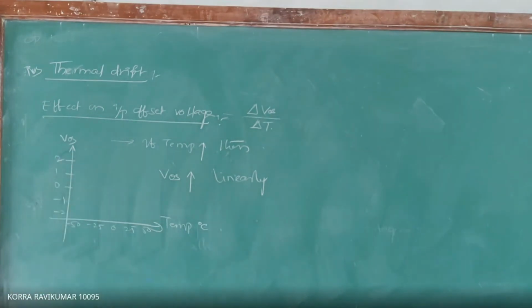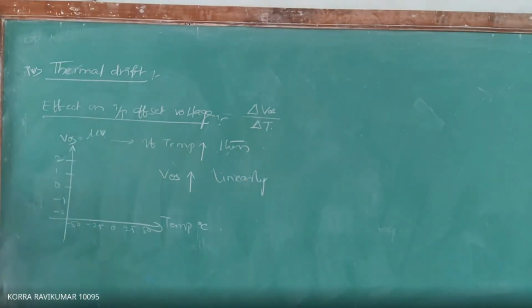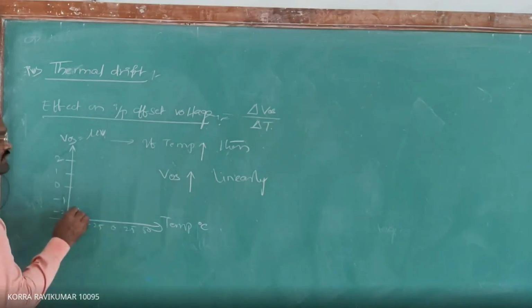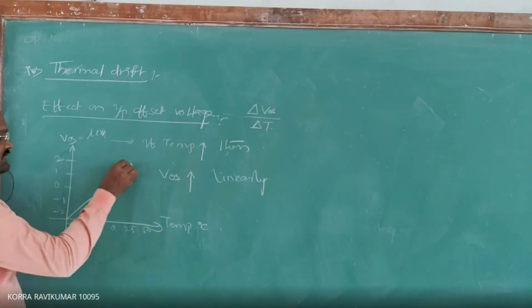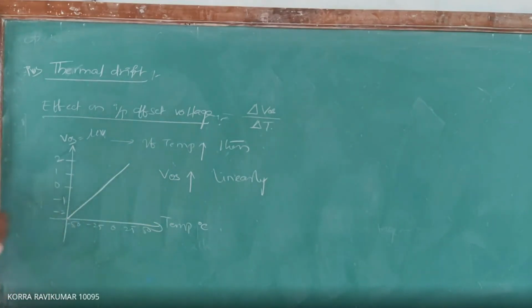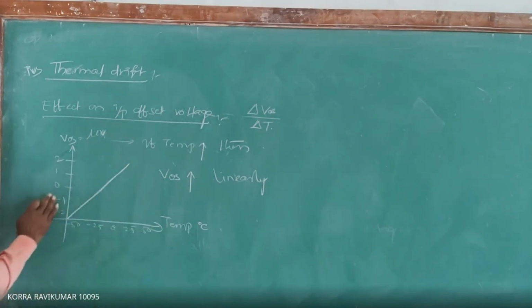That is not volts, it is in terms of microvolts. If temperature increases, voltage also increases gradually, linearly, like this. As temperature goes from the negative side to the positive side, the offset voltage also goes from the negative side to the positive side.